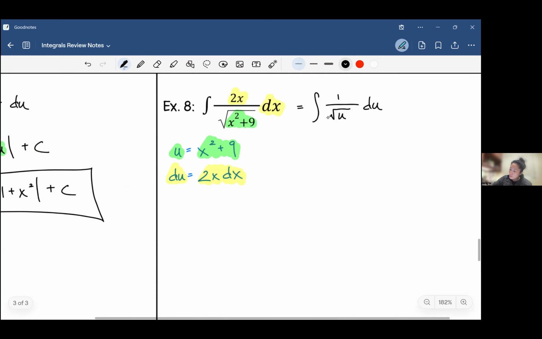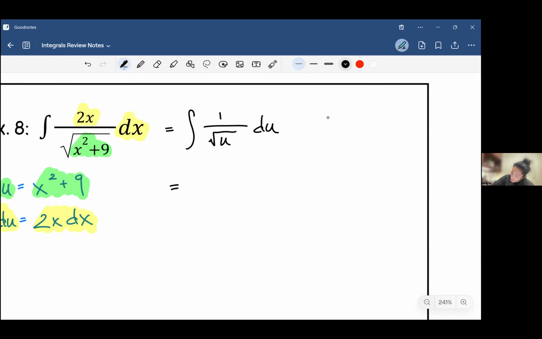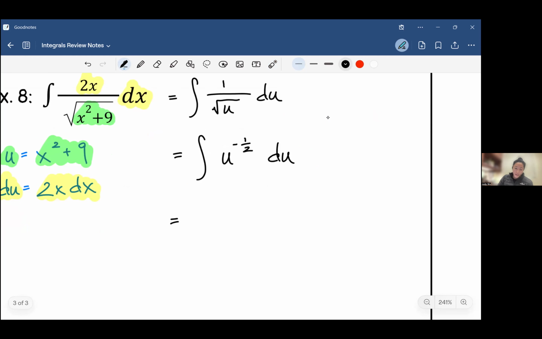So instead, I'm going to be patient. I'm going to rewrite this with its power, u to not just the 1/2, but actually the negative 1/2 power, because the u is on the bottom. All right, we use our power rule. We're going to get u to the negative 1/2 plus 2/2 over negative 1/2 plus 2/2 plus c.